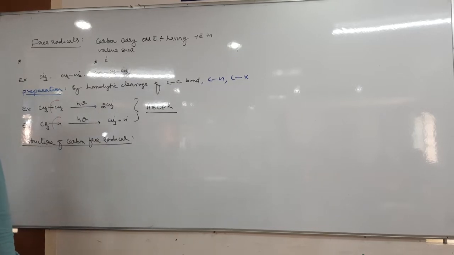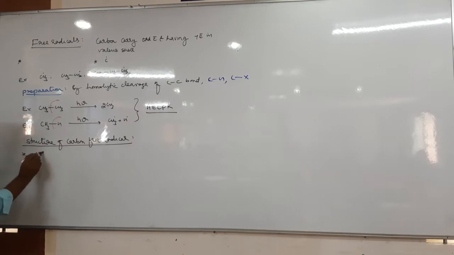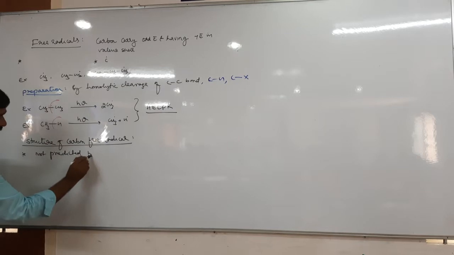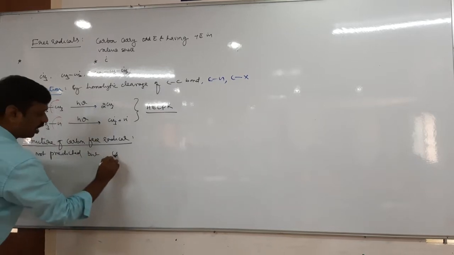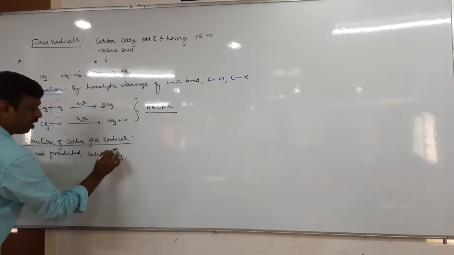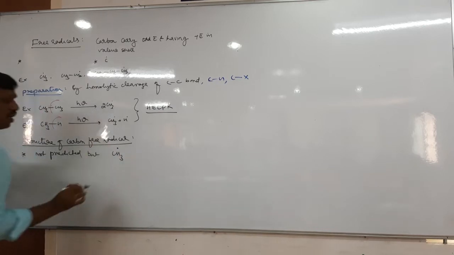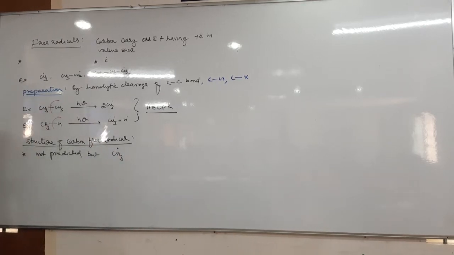Usually many free radicals have a trigonal planar shape, but some free radicals even have a pyramidal shape. So the structure of a free radical is not predicted, but usually a carbon free radical that has only carbon and hydrogen, like methyl, ethyl, propyl, butyl, pentyl, etc.